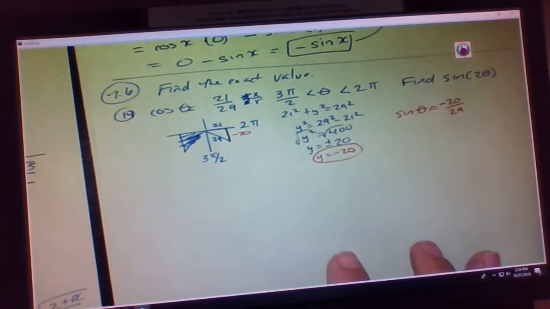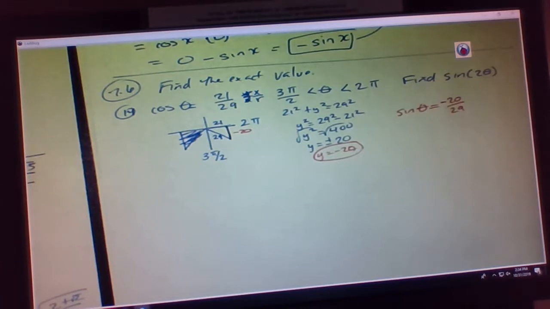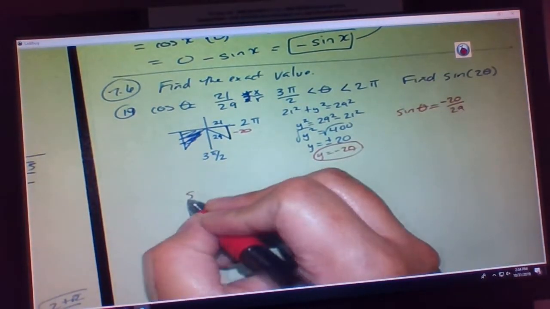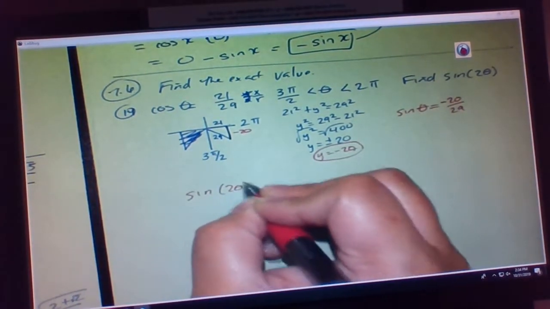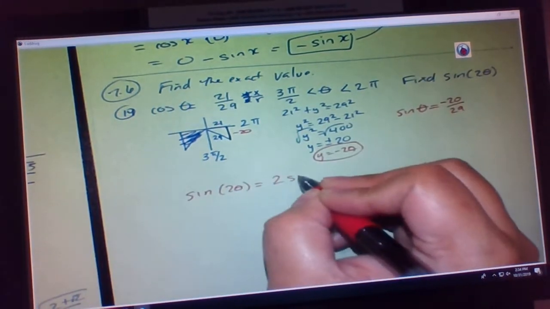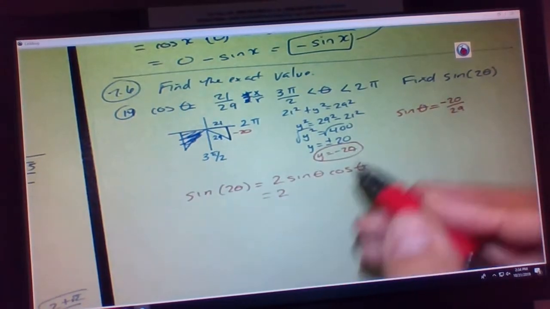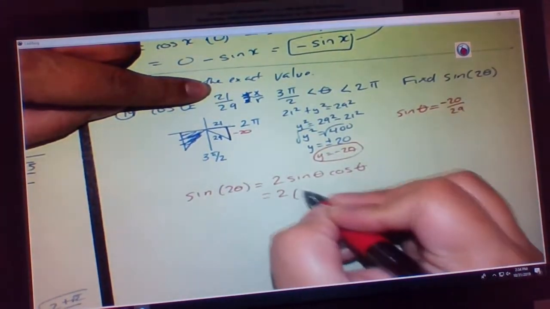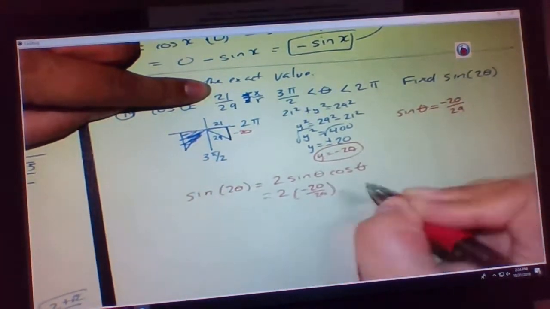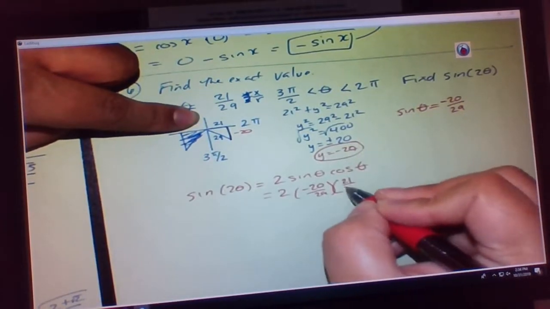And then for a double angle, if you look at the formula, sine of the double angle is 2 sine cosine, which means 2 times sine, and sine is negative 20 over 29, times your cosine, which is 21 over 29.